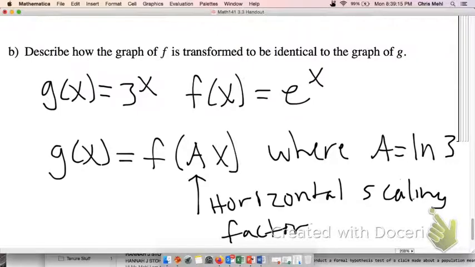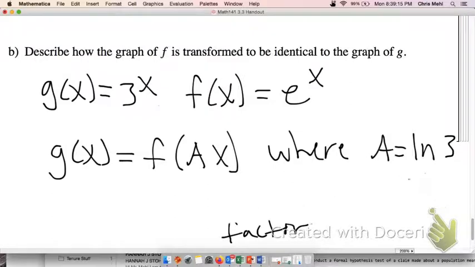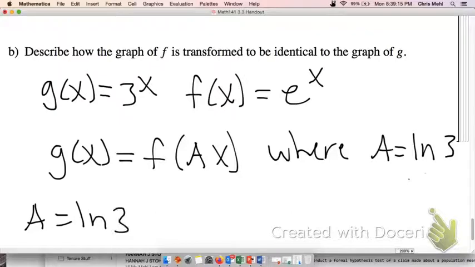Okay, so if a is equal to natural log of 3, I can already tell I'm going to run out of room. But notice, you can plug this in on your calculator. Natural log of 3 is actually greater than positive 1.